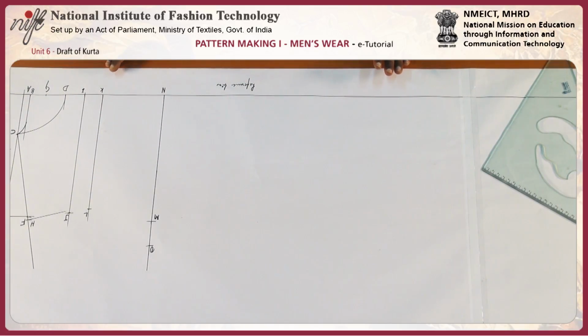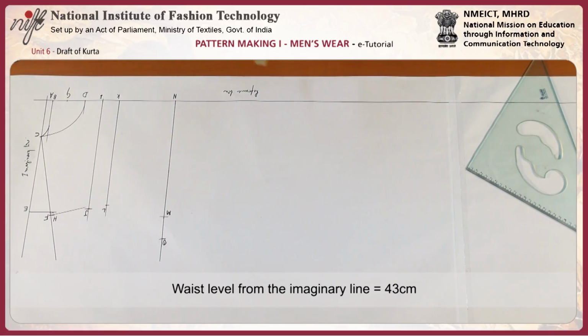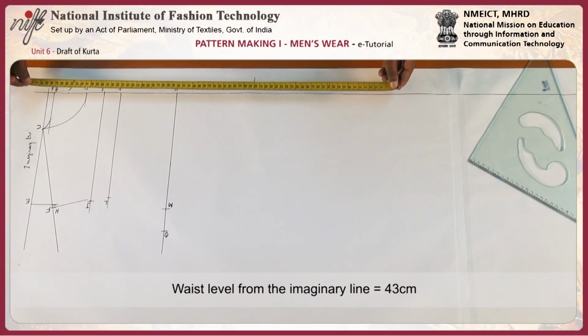Now, the waist level from the imaginary line is to be marked, that is 43 centimeter.